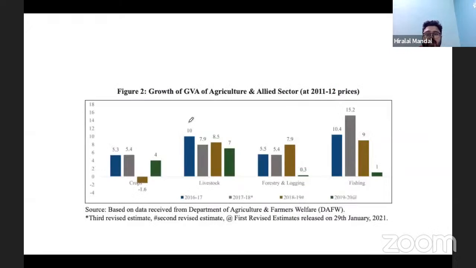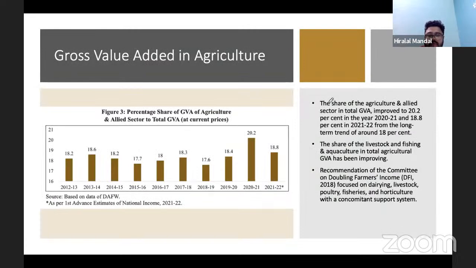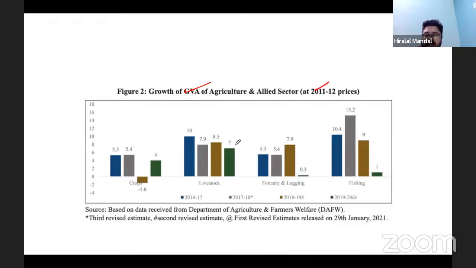Now, if you look at the growth in gross value addition of agriculture and allied sectors at 2011-12 prices, you will see there is significant growth. In the crop sector, there is a 4% positive growth in 2019-20. This is the data till 2019-20, from the first revised estimates released on 29th January 2021.